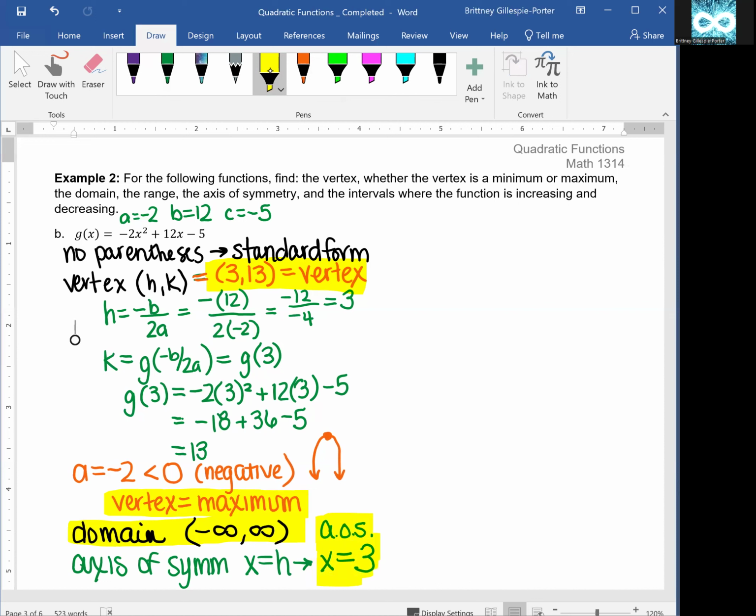Let's go pick up our range and the increasing and decreasing. If you are unsure of yourself, you can use a calculator and graph this. Otherwise, let's just sketch it. We said that our graph is opening down because a is negative. We know our vertex is hanging out at the top.